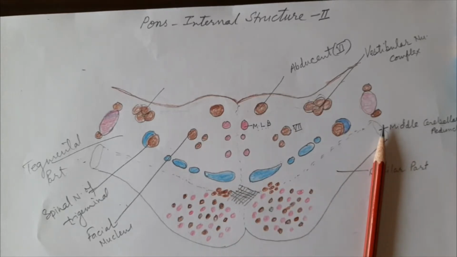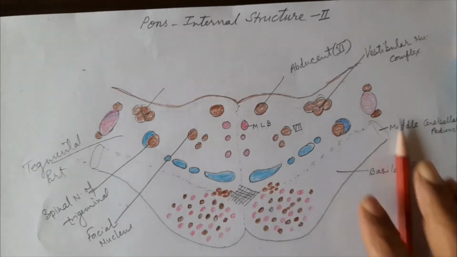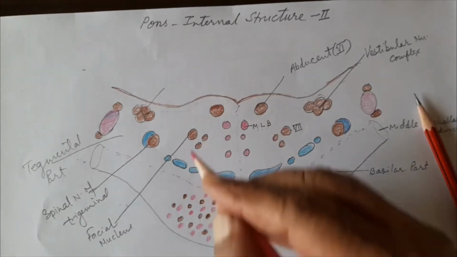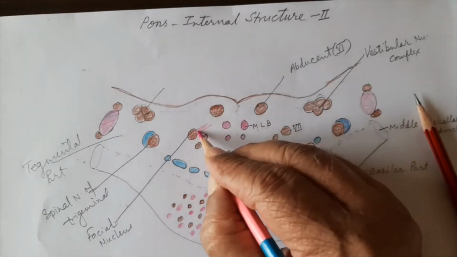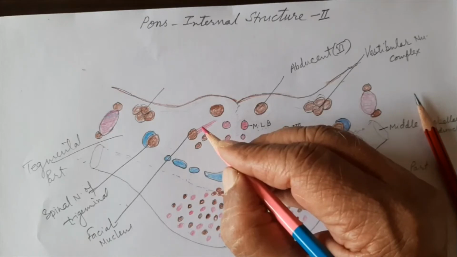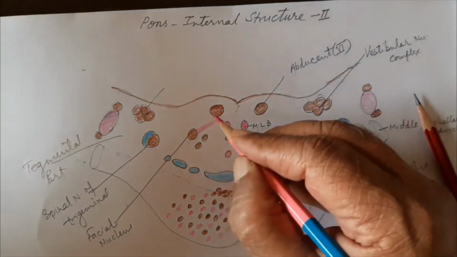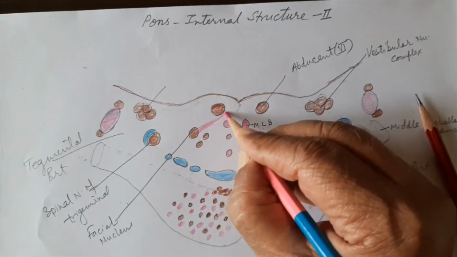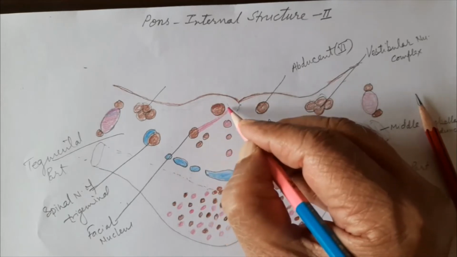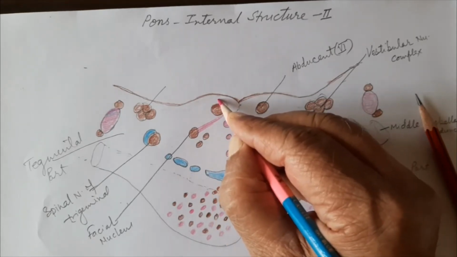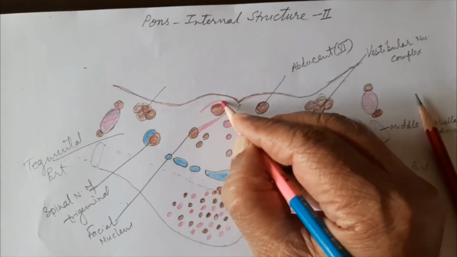Now the facial colliculus is formed due to the complicated course of the facial nerve. Let me draw this facial nerve with pink color. The motor fibers or axons of this nucleus arise and wind around the abducent nucleus: they first go to its medial side, then slightly ascend, go to the back side, and come onto its lateral side.